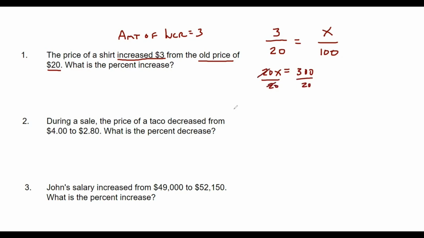In this case, 20. That cancels the 20 out, and it leaves us with x is equal to 15. And we want to remember that this means 15%. And because the price of the shirt increased, this is a 15% increase.